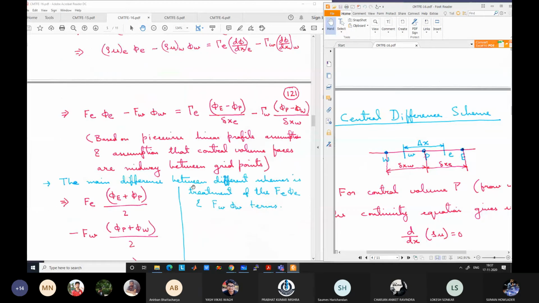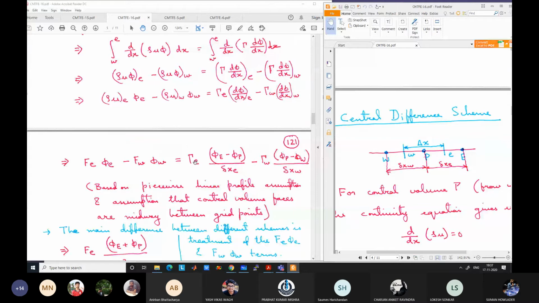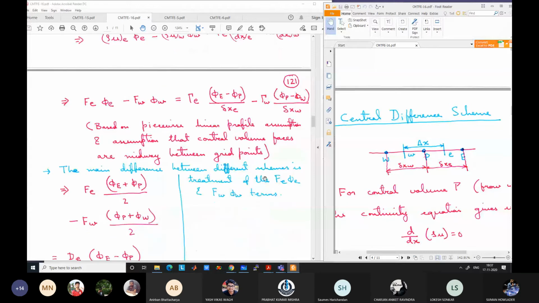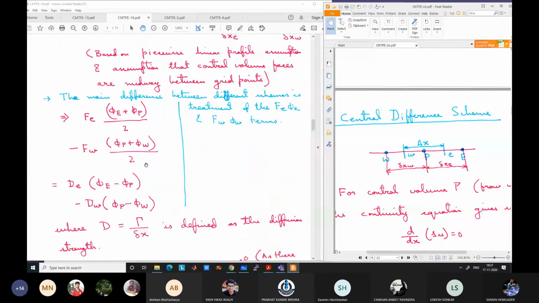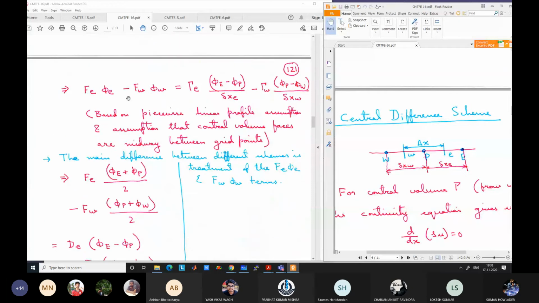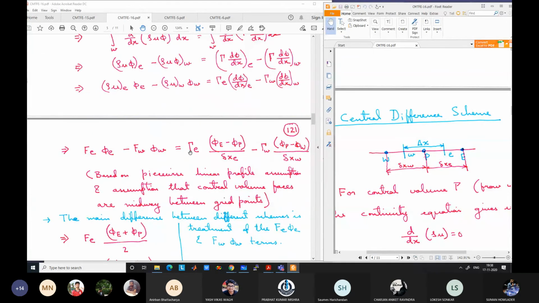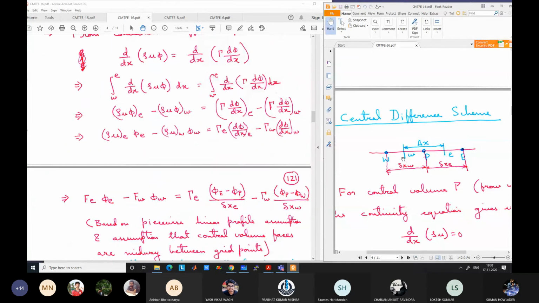So what is D? D is nothing but gamma e by delta Xc. So gamma e we need to find, and we know how to find gamma e based on harmonic mean or linear mean, as we have seen. Delta Xc is calculated based on mesh generation. Similarly, gamma W by delta XW is already known. So this D and DW we can find. For Fe and FW, how to find those values? Fe is rho u at east point, and FW is rho u at west point.